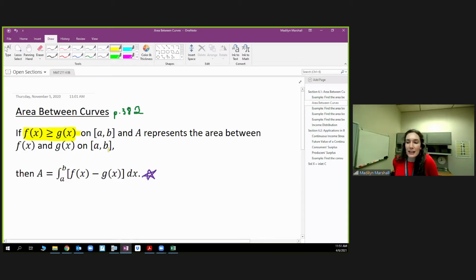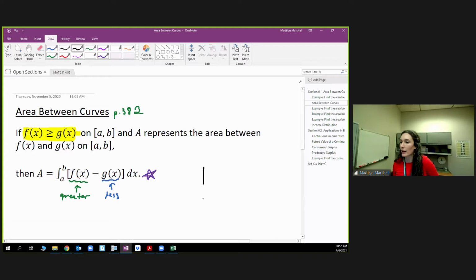That does not necessarily mean that they're always in this order. F is always the function on top, or excuse me, the first thing in the integral is always the thing that is greater, which literally just means it's higher up on the graph. And g is always the thing that's less.